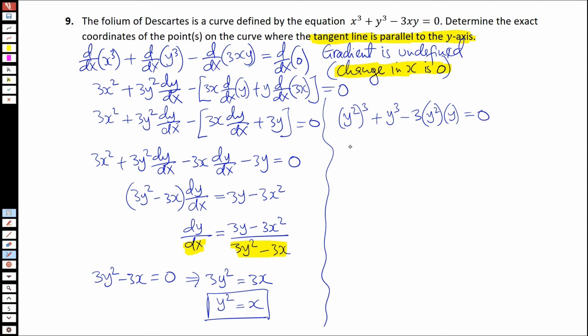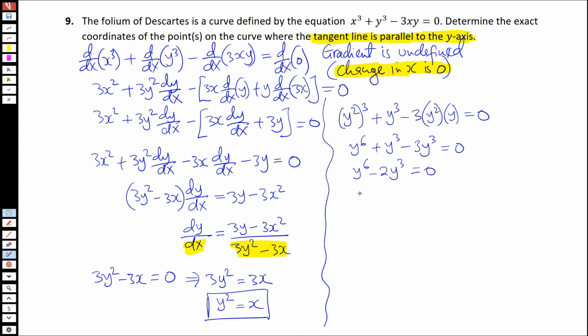So basically what we'll end up with is y to the power 6 plus y cubed minus 3y cubed equals 0. And this is the same as y to the power 6 minus 2y cubed equals 0.